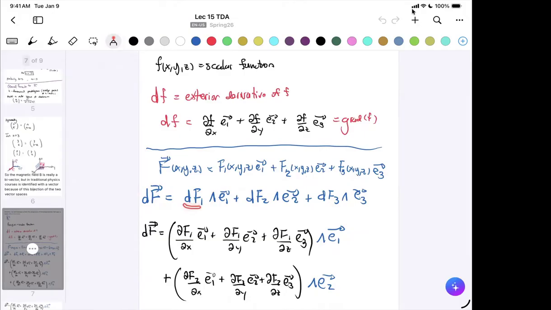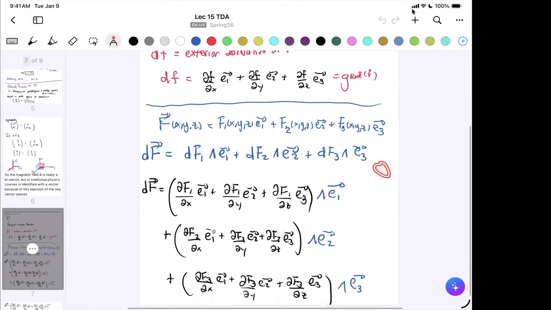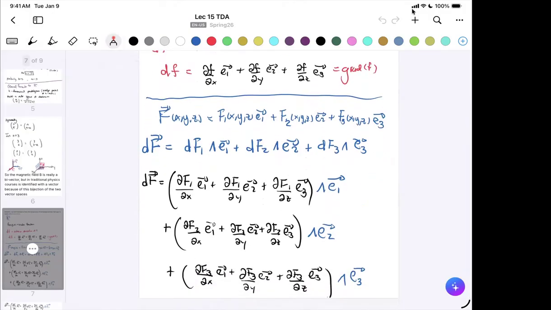You take the gradient of each of these functions and then you take their wedge product with the corresponding vector that was left. So in this case, it would be the gradient of the first one wedge the vector e1, plus the gradient of the second one wedge the vector e2, plus the gradient of the third one wedge the vector e3.